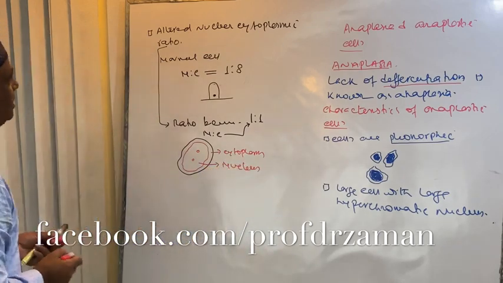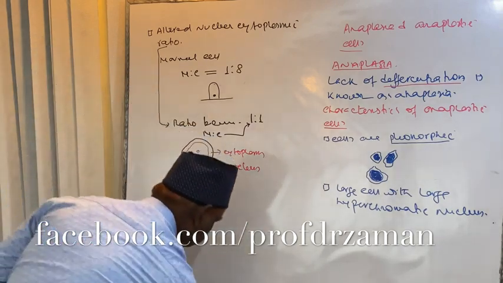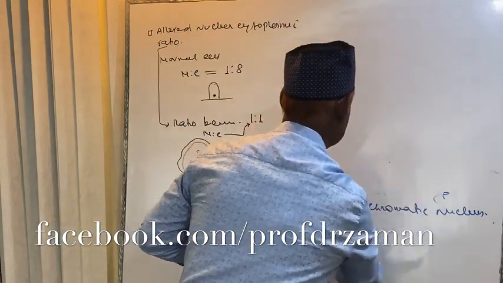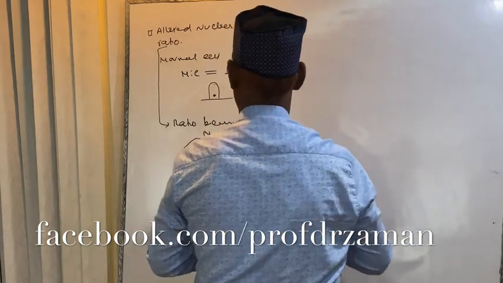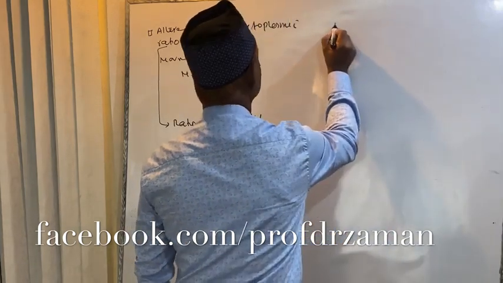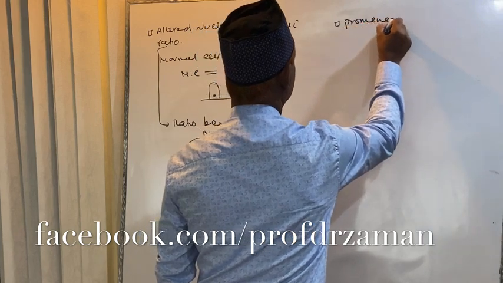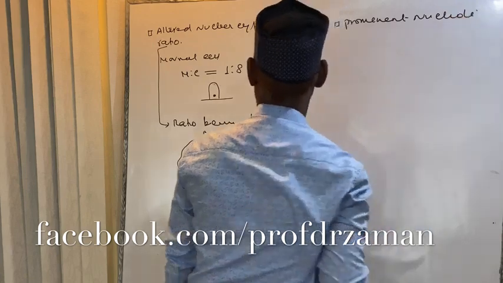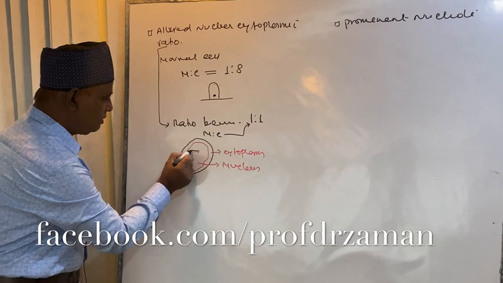So there is alteration of nuclear cytoplasmic ratio and the ratio becomes 1:1. Prominent nucleoli, that is conspicuous nucleoli. So this is the prominent nucleoli.